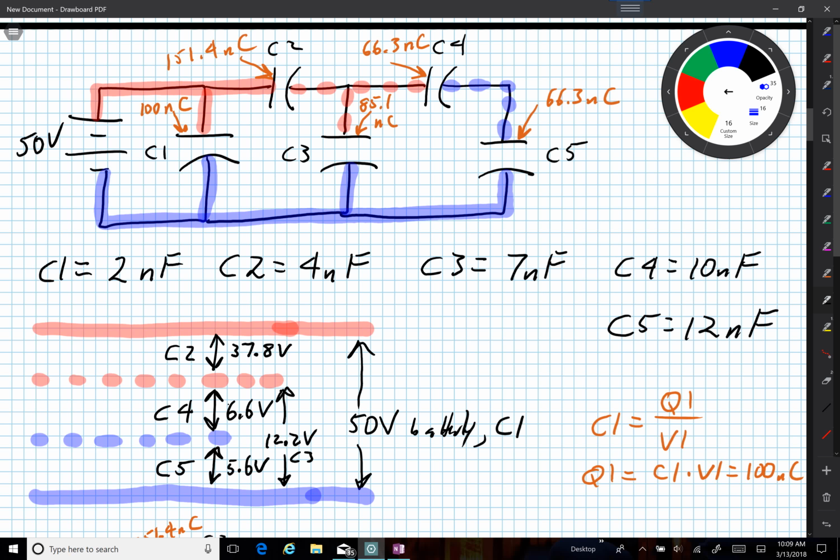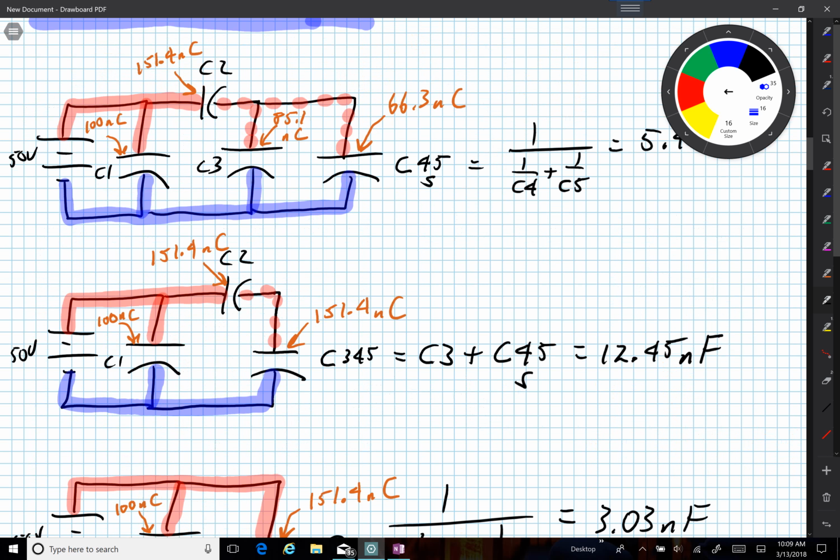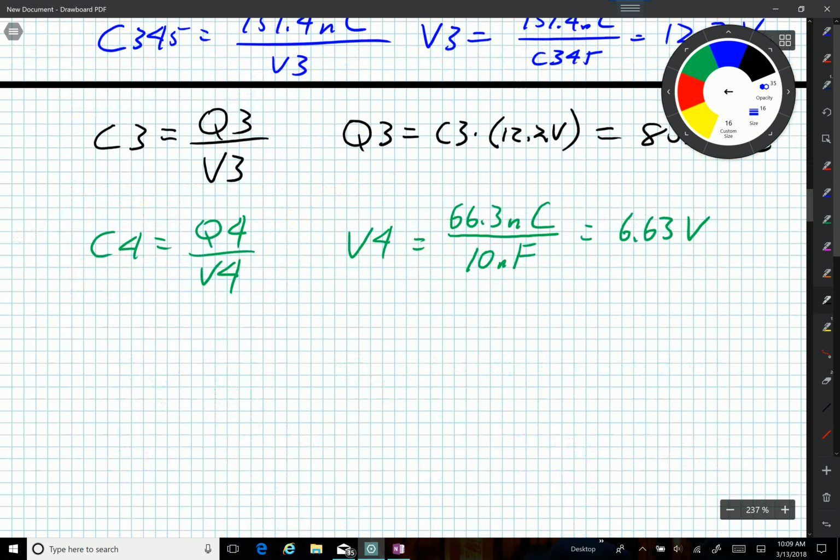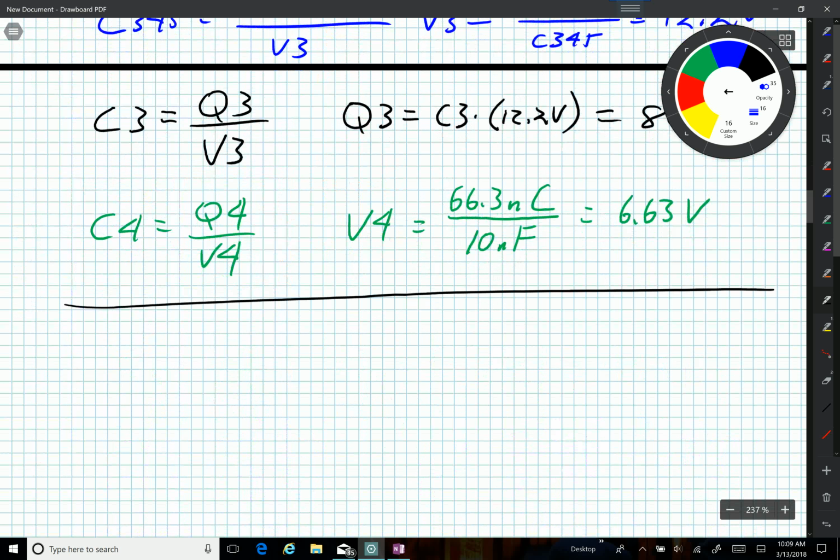Now I could ask you, how much energy is stored on capacitor C3? How about that? Let's ask that question. Energy stored on C3. We talked about this the other day in class.